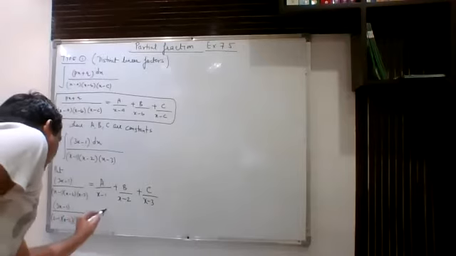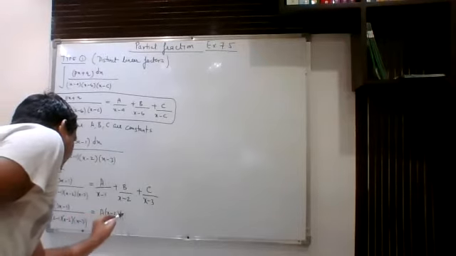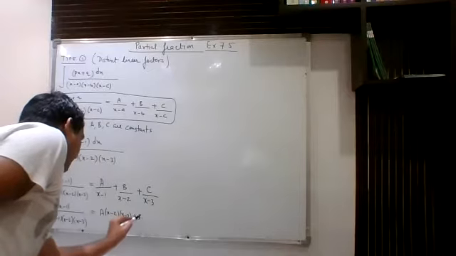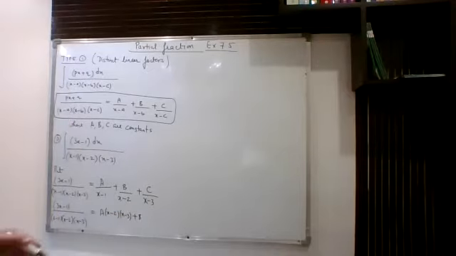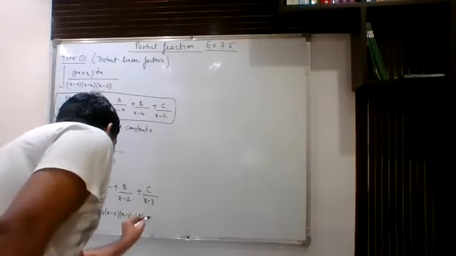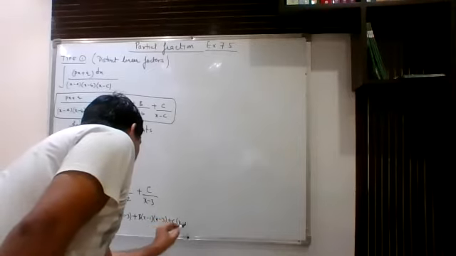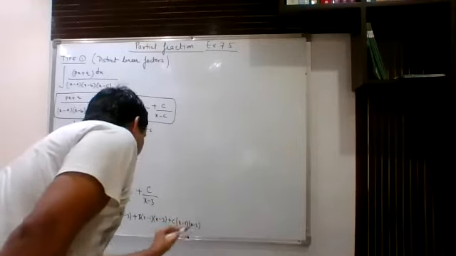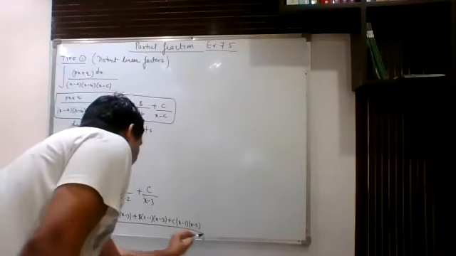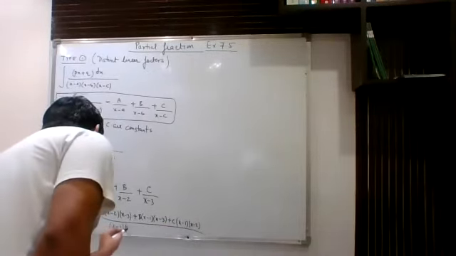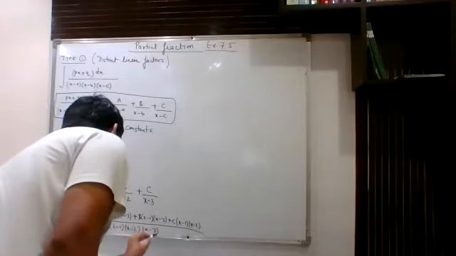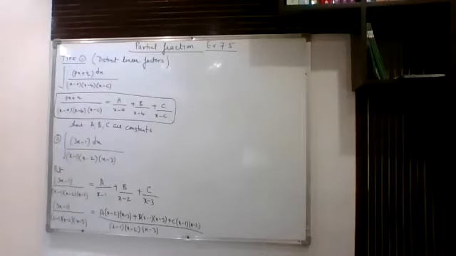On the other side, you will get A into (x minus 2)(x minus 3) plus B into (x minus 1)(x minus 3) plus C into (x minus 1)(x minus 2), whole divided by (x minus 1)(x minus 2)(x minus 3). So we have just taken LCM. Now after taking LCM, we can cancel out the denominator part of both the expressions.